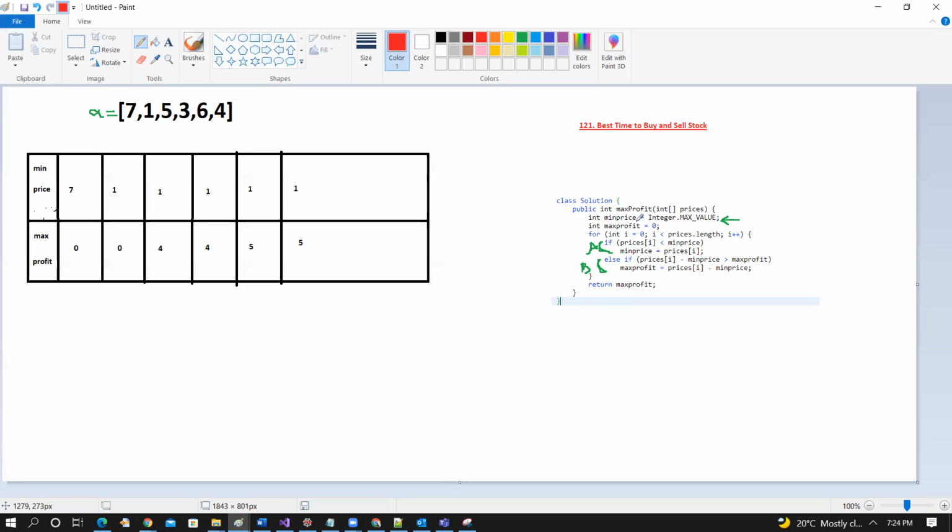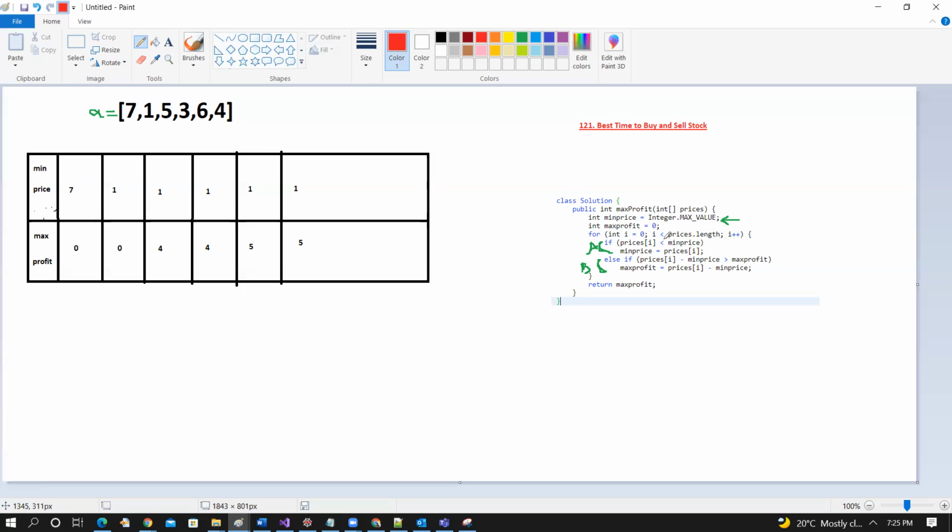First of all, to get the minimum value out of this array, how do we normally do it? We assign it a very high max value, and then compare it with the rest of the elements. We have two conditions here while iterating this array.